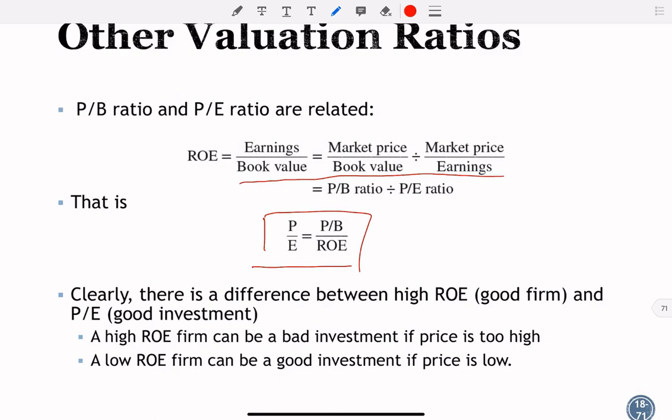And even if a firm is bad, it has low ROE, but if its price is low enough, in this case, its PE ratio will be low, and this firm could be undervalued. It could be potentially a buy for you. Right.